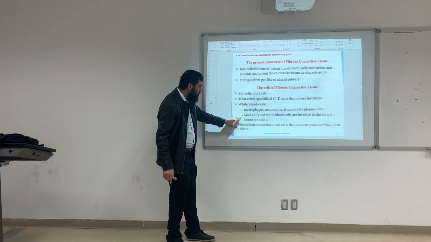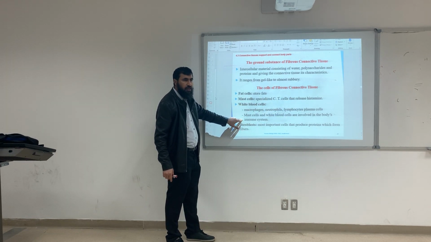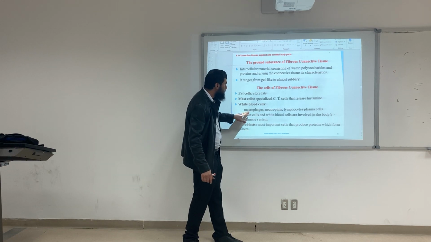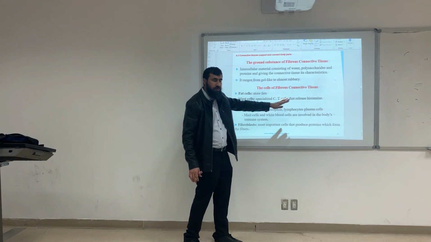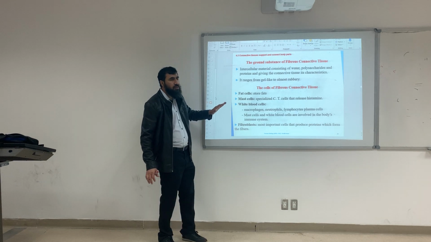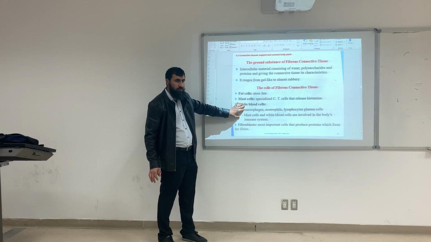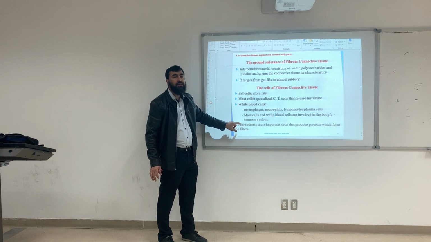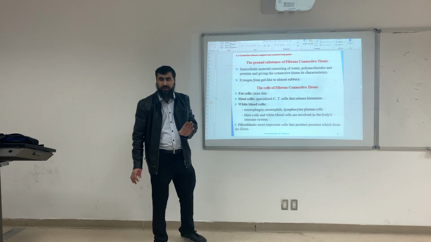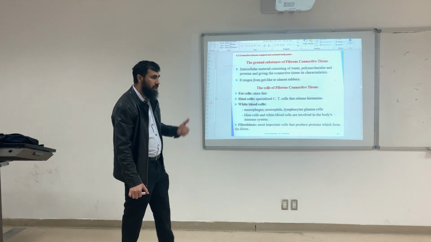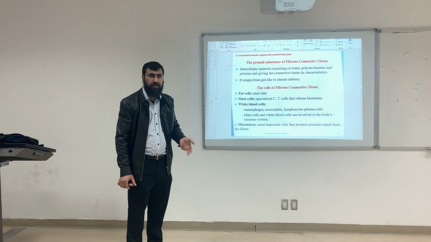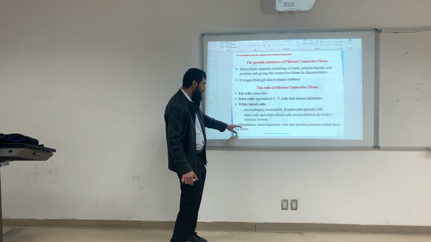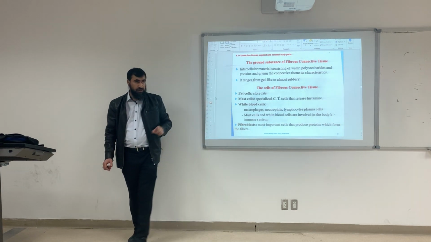As well as the white blood cells: the different types, macrophage, neutrophil, lymphocyte, plasma cells, these also form part of the defense system. Then these fibroblasts are important for making the different types of fibers that we talk about: the elastic fibers, the reticular fibers, and the collagen fibers are made by the fibroblasts.